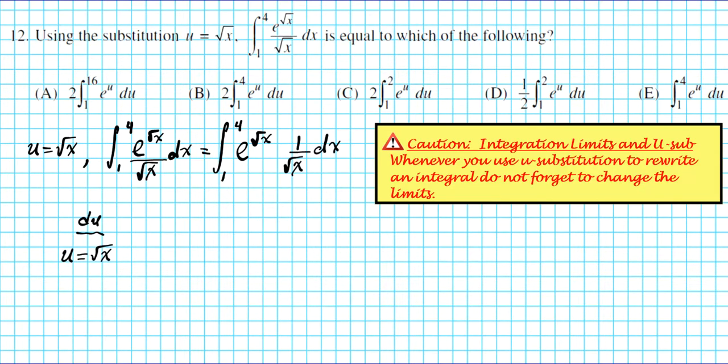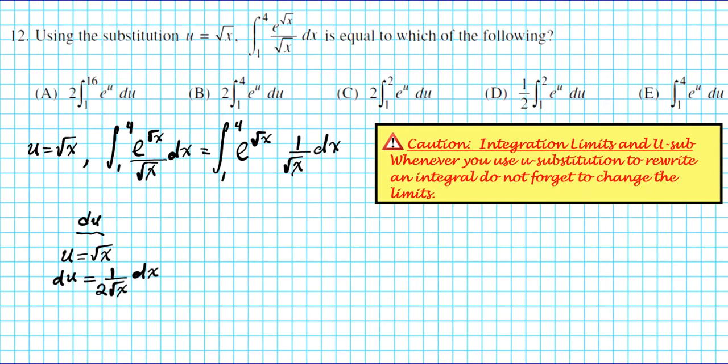This is what we're going to use to find du. So we're going to differentiate both sides. We have du equals 1 over 2 rad x dx. You can write this as du dx equals 1 over 2 rad x, and then multiply both sides by dx. You end up with the same equation here.